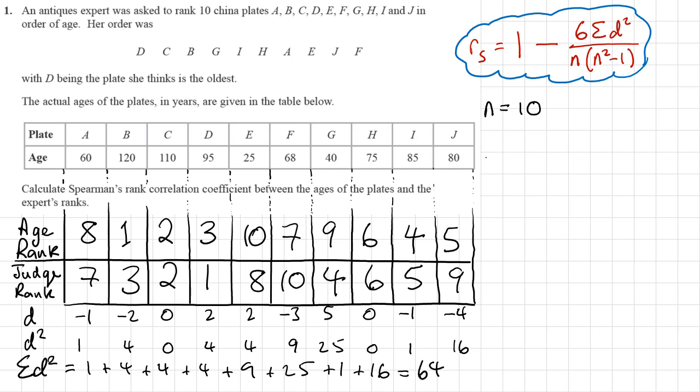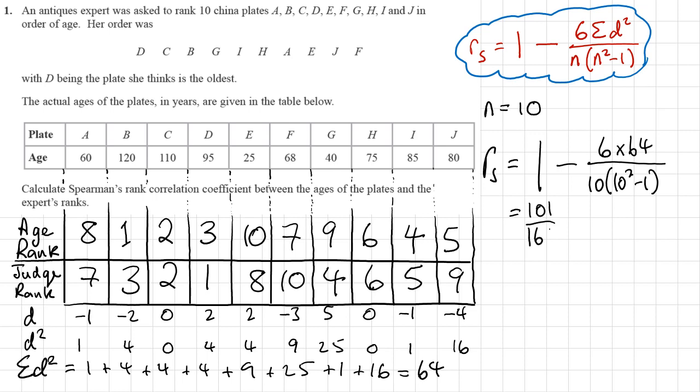So now we can work out the actual correlation coefficient. So 1 minus 6 times 64, divided by n, which is 10, times 10 squared minus 1, and that gives exactly 101 over 165.